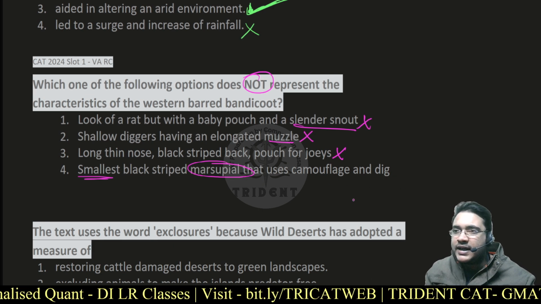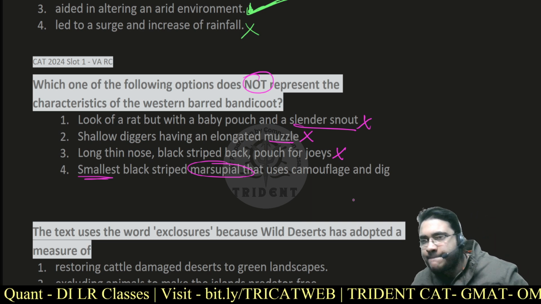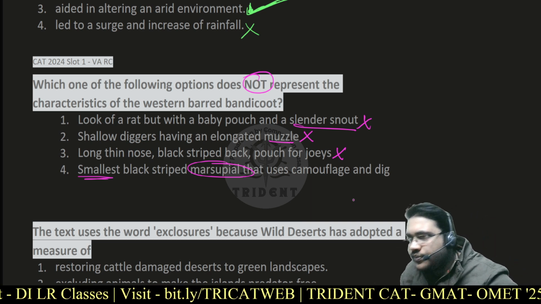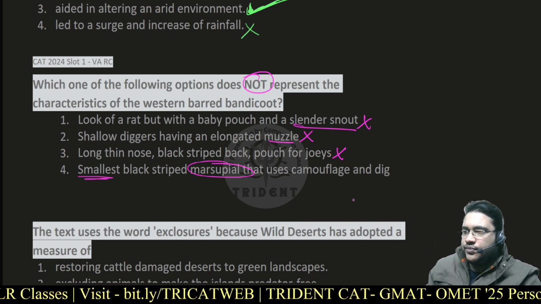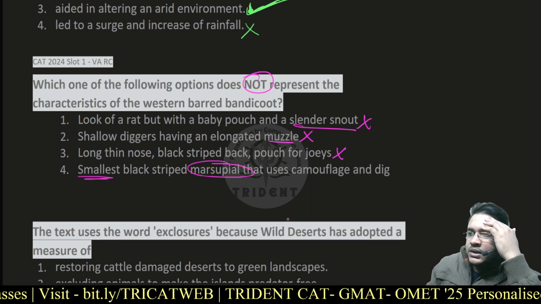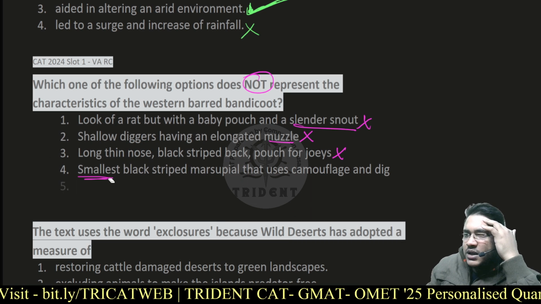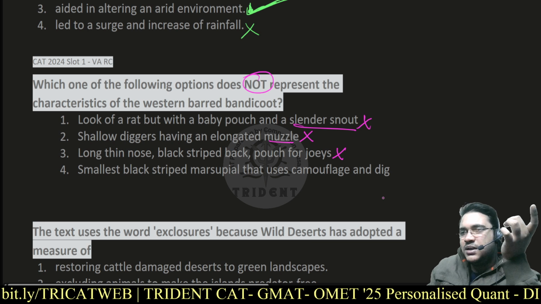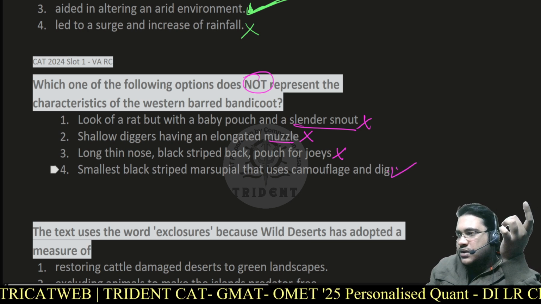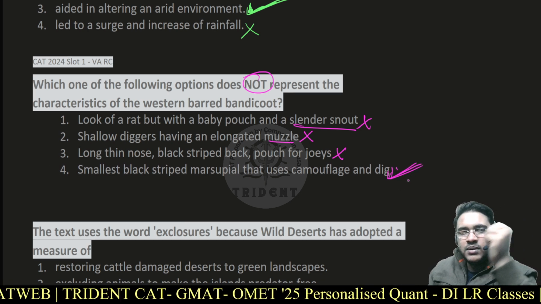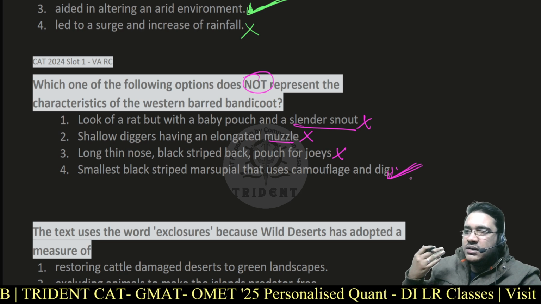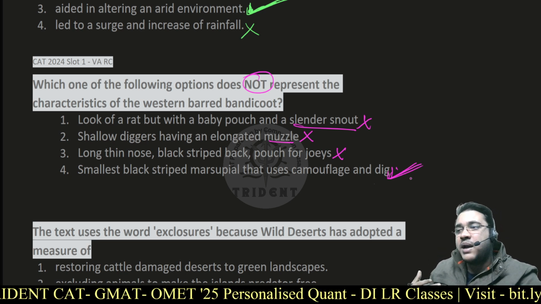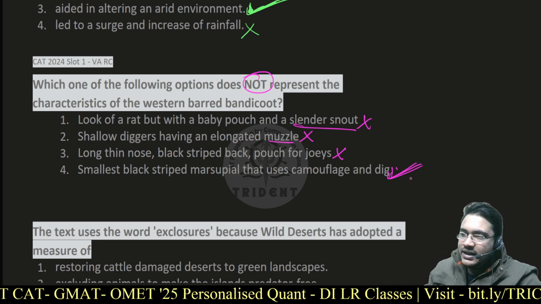It's not a characteristic, because they don't use camouflage and dig. Marsupials, smallest striped marsupial, no. So I hope you understand my problem, that they're not the smallest black striped marsupial that uses camouflage and digs.